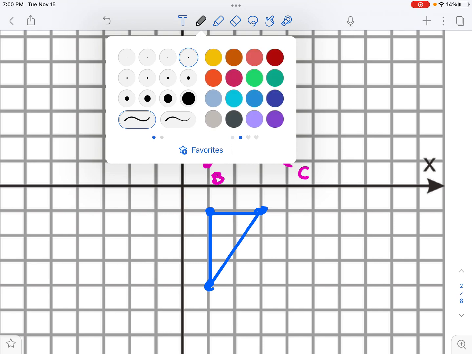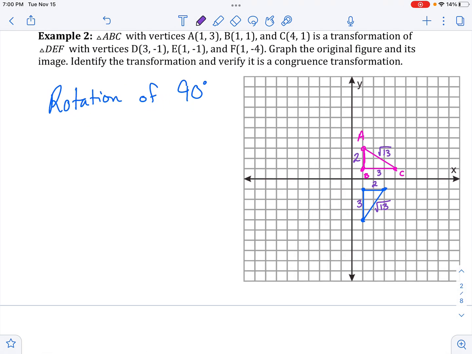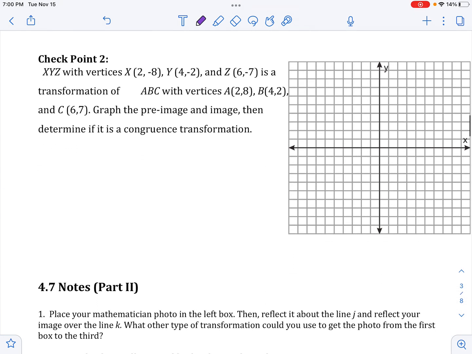If I were to show, for example, that this side is 2, this side is 2 units long, BC is 3 units long, DF is 3 units long, and then I could use my Pythagorean theorem to find the third length, which would be the square root of 13 and the square root of 13. So it looks like a rotation of 90 degrees, and I could also prove that it's still congruent if I found all 3 side lengths. 2 of them I could just count, 1 of them I had to do a little bit more work.